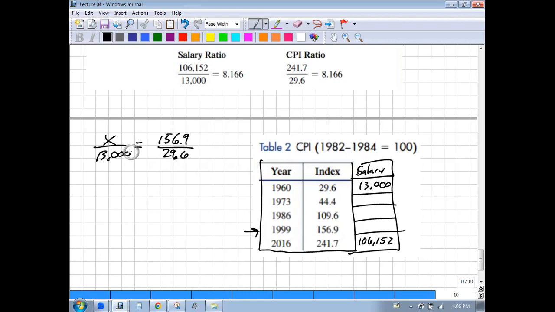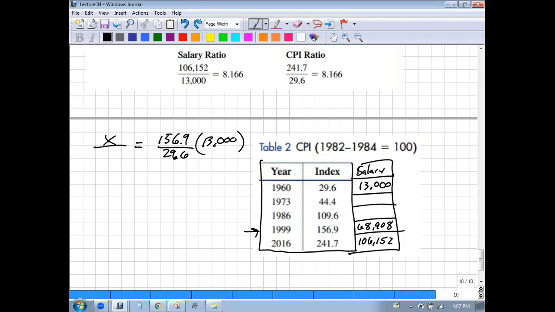So to get X, we just multiply both sides by 13,000, which gives us 156.9 times 13,000 divided by 29.6. So I'm getting $68,908. So I could fill in this whole chart based on $13,000 in 1960.